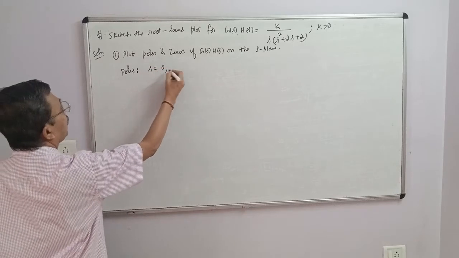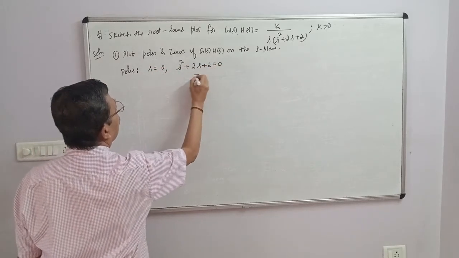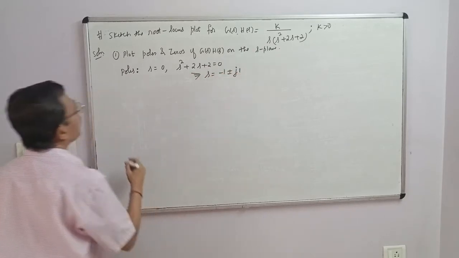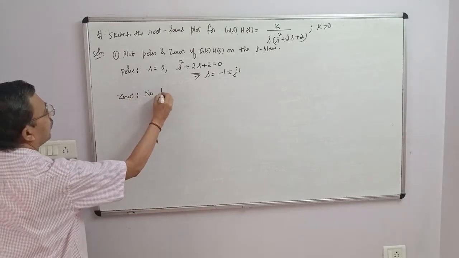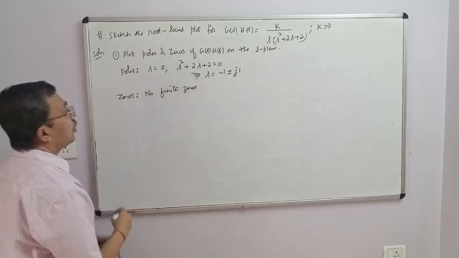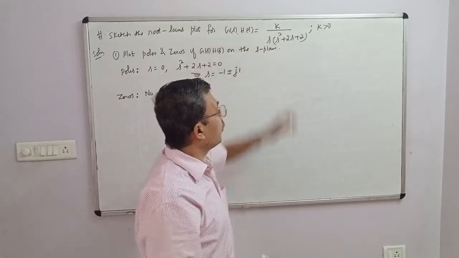S is equal to 0, and s square plus 2s plus 2 equal to 0 implies s is equal to minus 1 plus minus j1. Zeros. No finite zeros, because there is no polynomial of s in the numerator of this transfer function.